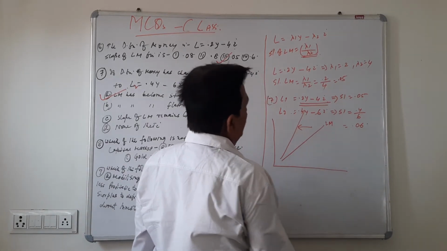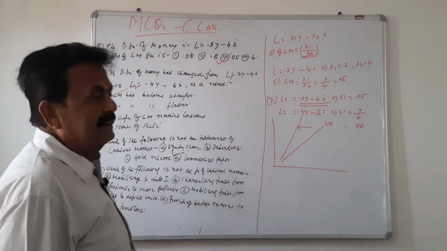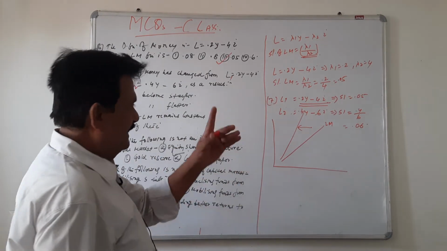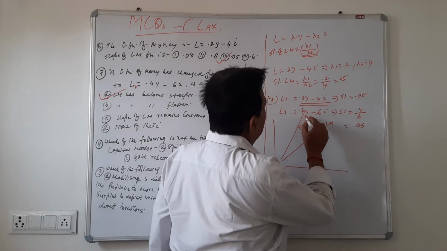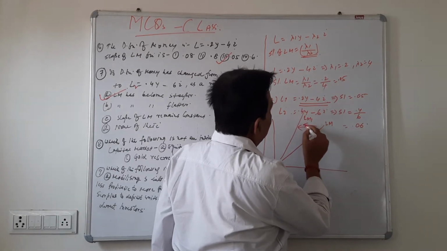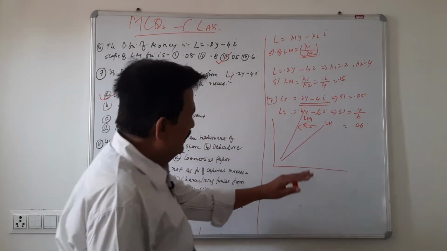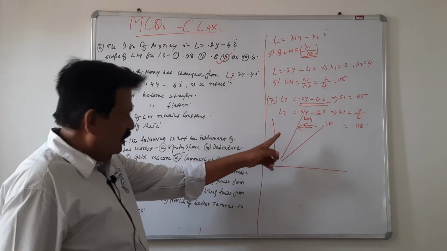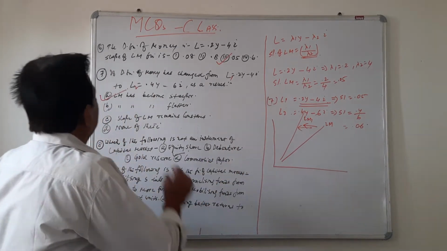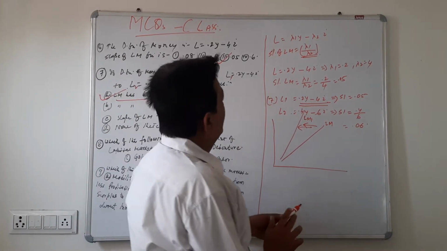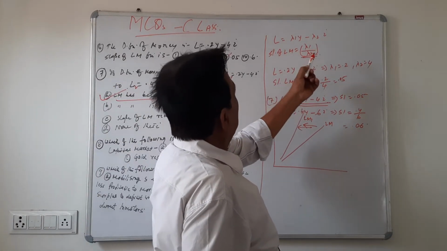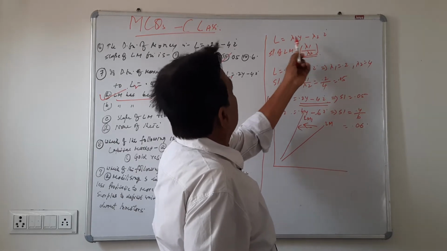Anti-clockwise movement makes it steeper, and clockwise makes it flatter. Here the slope has increased, so the LM curve has become steeper, shifting anti-clockwise from right to left. Regarding the slope of the LM curve, this formula has to be kept in mind, and I have explained lambda 1 and lambda 2 here.